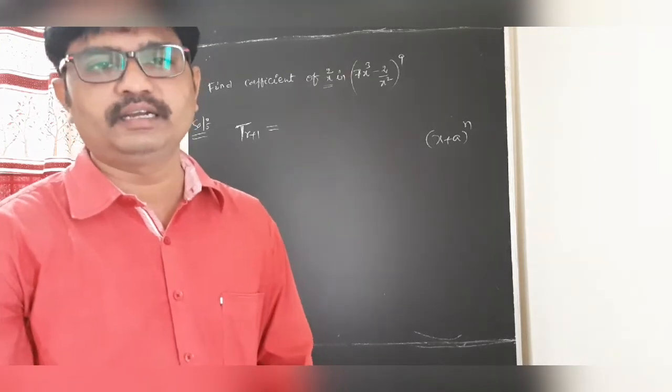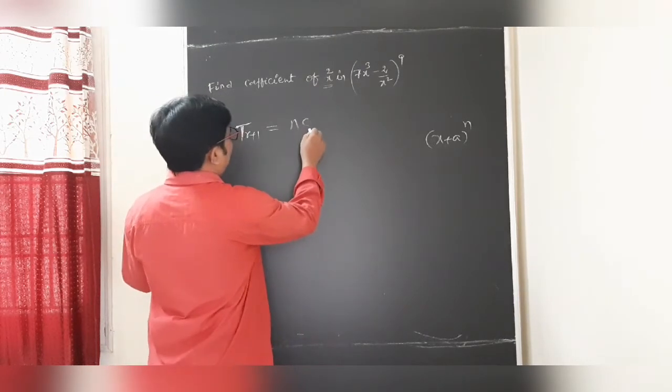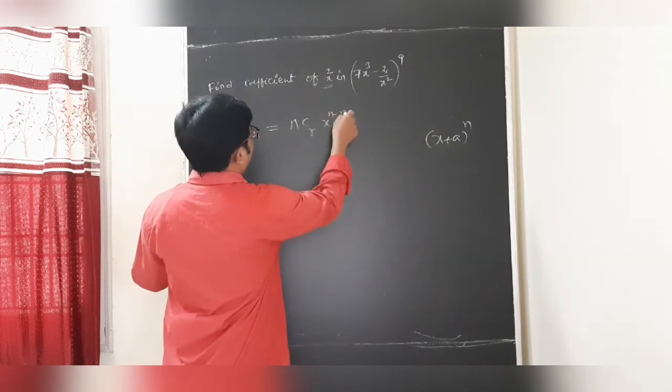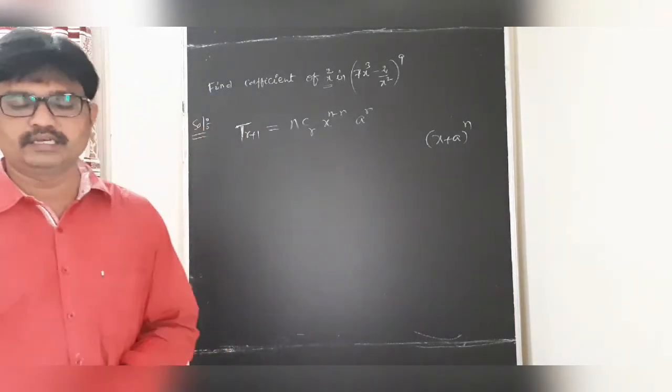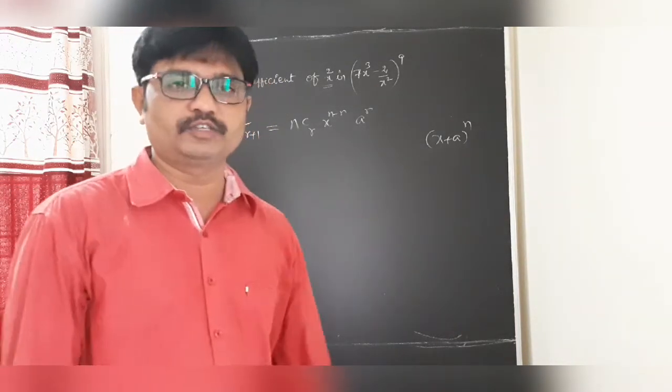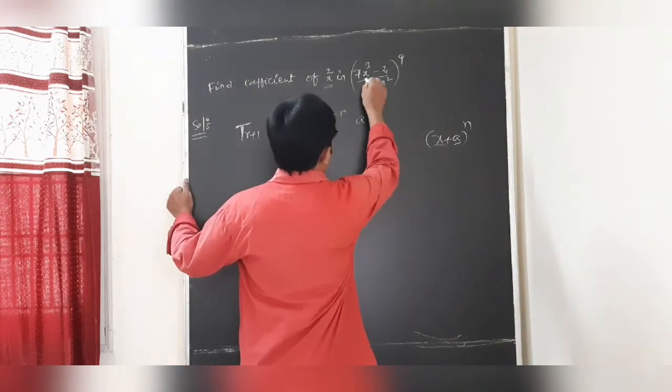In that, the general term is denoted by T(r+1), that is nCr x power n minus r, a power r. This is called the general term in the expansion of (x plus a), where x is the first term and a is the second term.